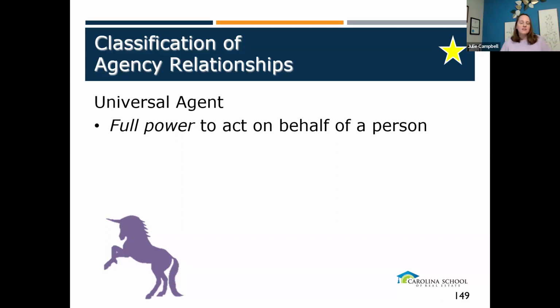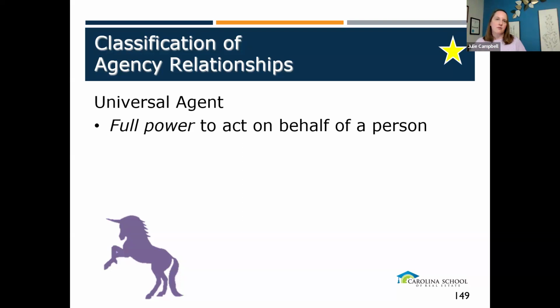This is the highest classification of an agency relationship. The universal agent in a real estate transaction is the purple unicorn. How often do y'all see a purple unicorn out and about in the real world, in nature? How often do you see one? Try as we might, we don't see purple unicorns.